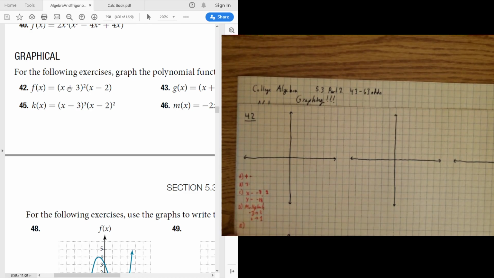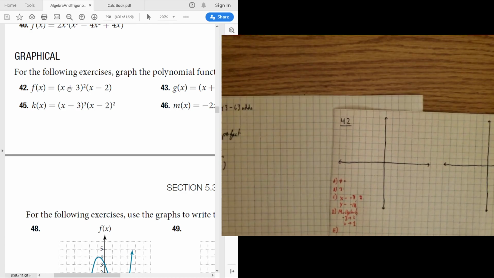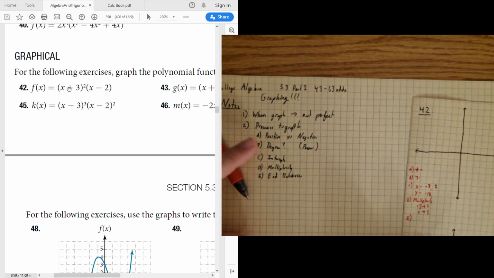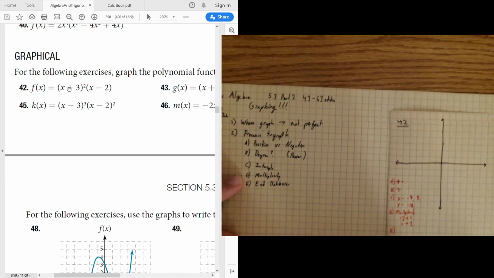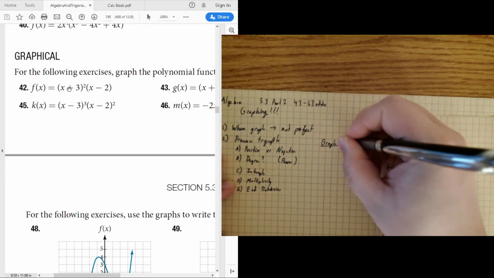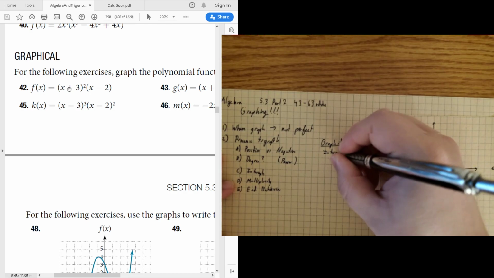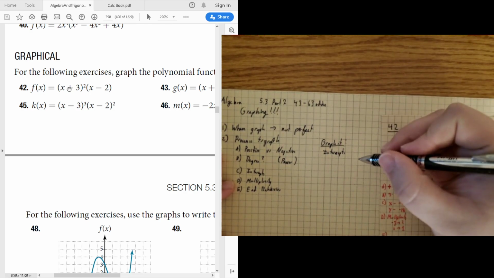Okay, so ready? Step 1. The first thing I'm going to graph, so this will be added to my notes. When I'm actually asked to graph it, I want to find these 5 things eventually. But when I graph it, I want to graph intercepts first. I want to make sure they're 100% right.